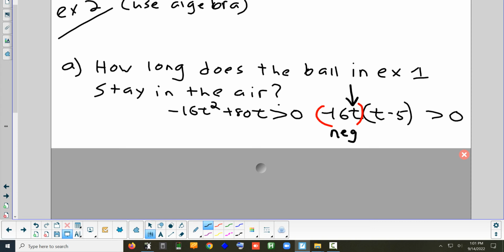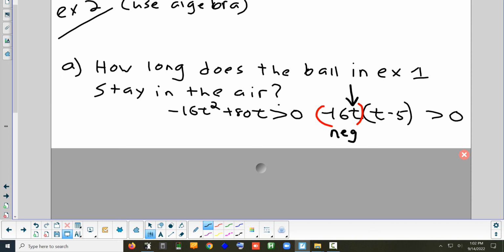Now, look at the big picture. Something times something has to give you a positive, because greater than 0 means positive. This is negative. So what would this have to be? This times this has to come out positive.